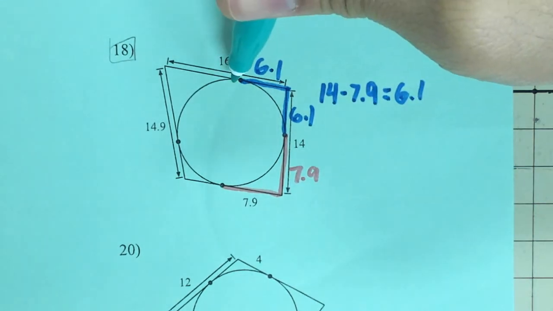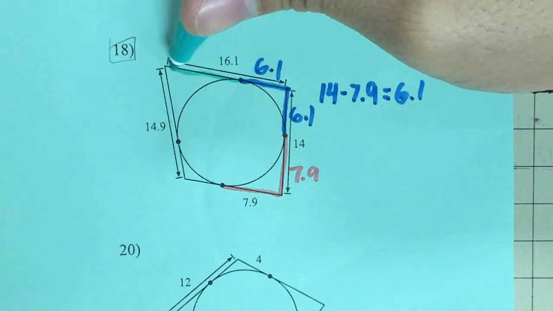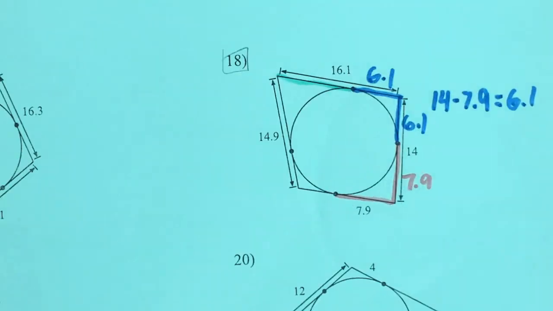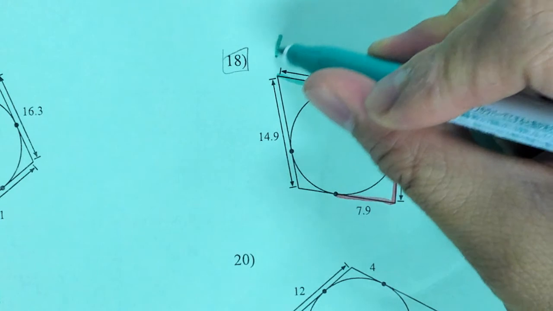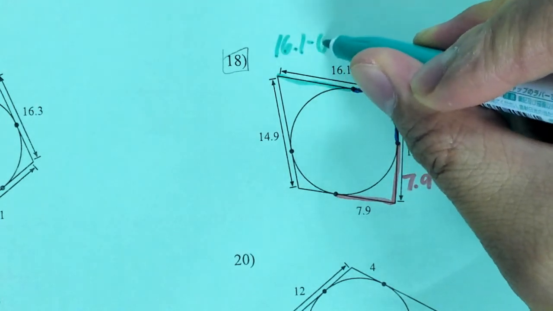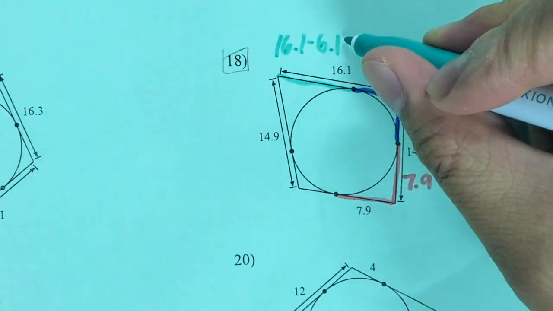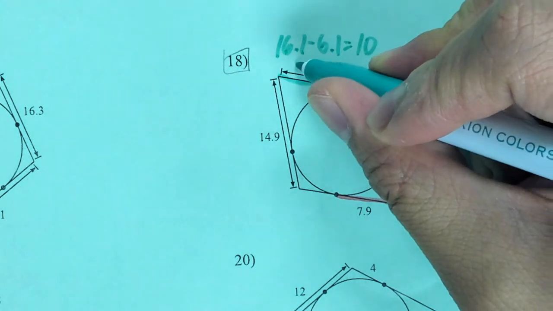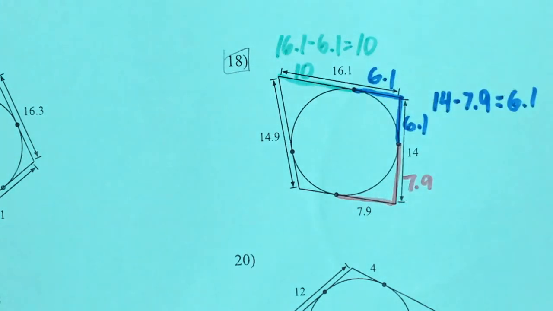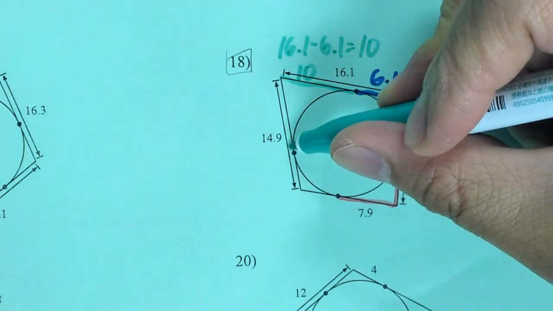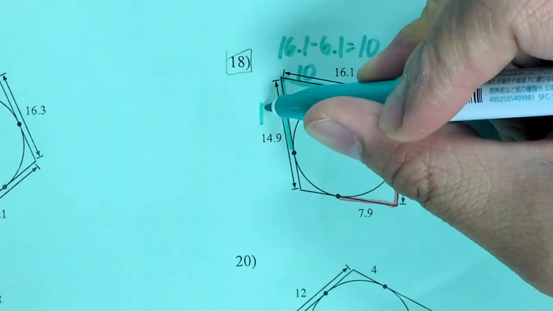Next up, I want to find this part right here. We can do that by doing 16.1 minus 6.1 equals 10. So this part is 10, which means over here is also 10.